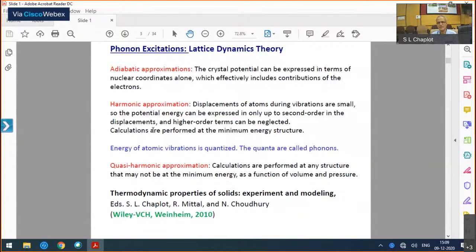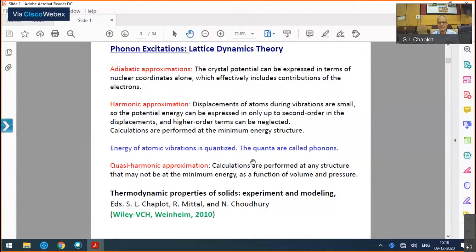And once the higher order terms can be neglected, then as we will see, it's possible to simplify the problem of the atomic vibrations in such a way that the total dynamics becomes essentially a sum of a large number of simple harmonic oscillators, and the energies of those simple harmonic oscillators are quantized, and so they can be related to the phonon energies.